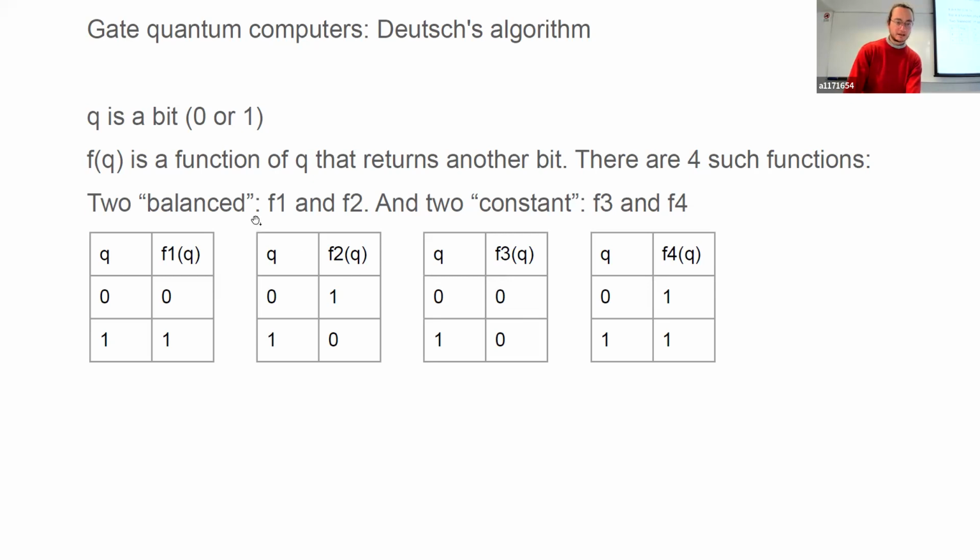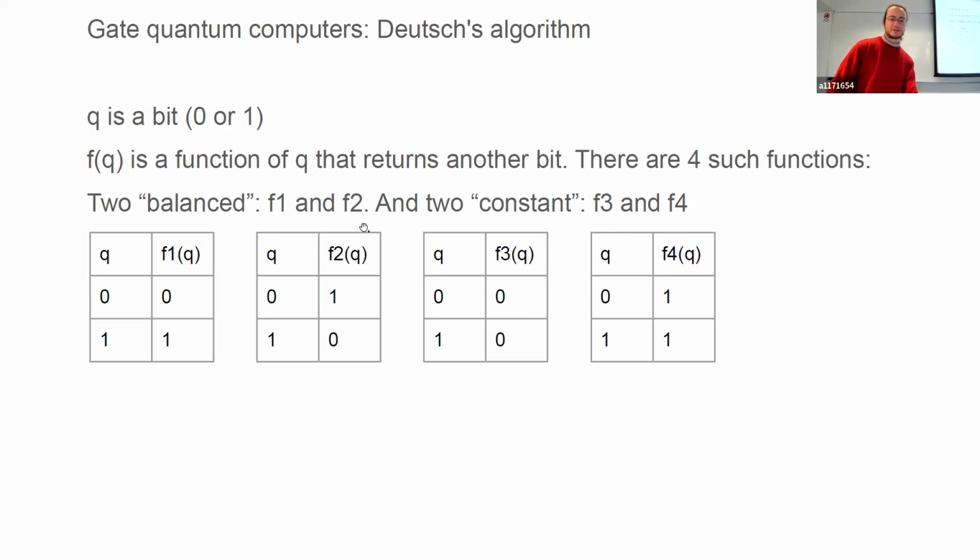For the next part of this thought experiment, let's call the first 2 functions balanced. So we split these functions into 2 classes. The balanced functions, balanced because they return 50-50 zeros and ones, and then the other 2, F3 and F4, let's call them constant because they always return a constant value.